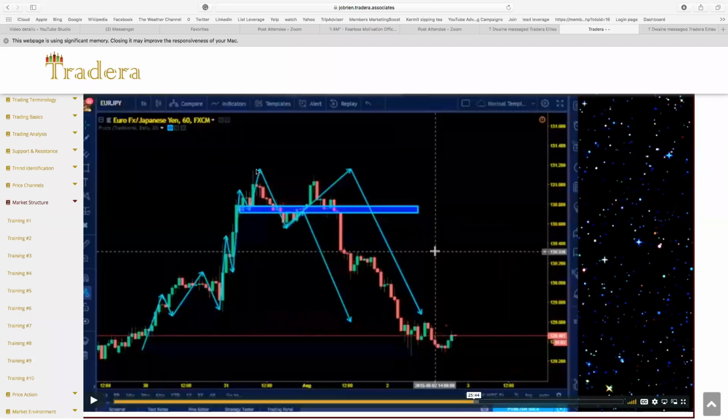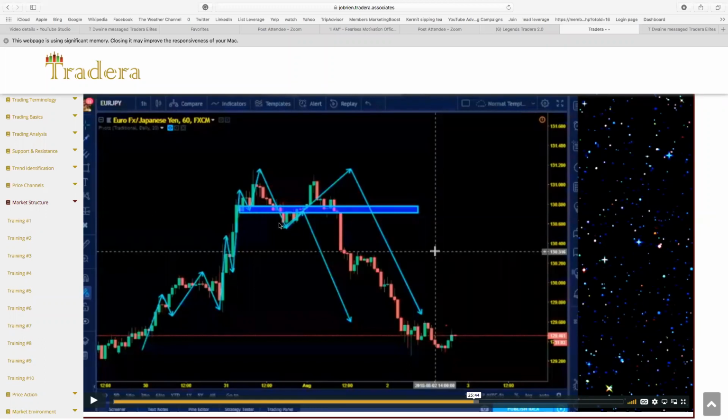Okay, price is going up because you see you're having higher highs and higher lows, higher highs and higher lows. What happened? It dropped down. It drops down to a lower low than previous.